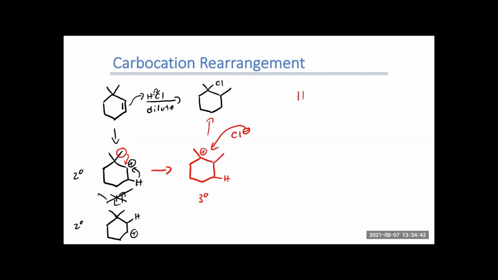So we can do hydride shifts. But we can also do methyl shifts. And that's where you have a CH3 with its electrons shifting. And so we usually do methyl shifts if we can't do a hydride shift.